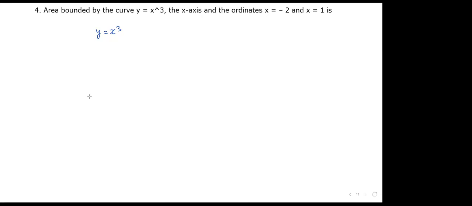I have sent you the chapter 8 application of integrals PDF. You can see the question from here itself. Got it, sir.